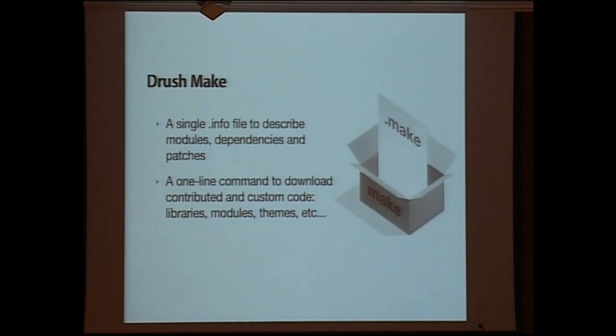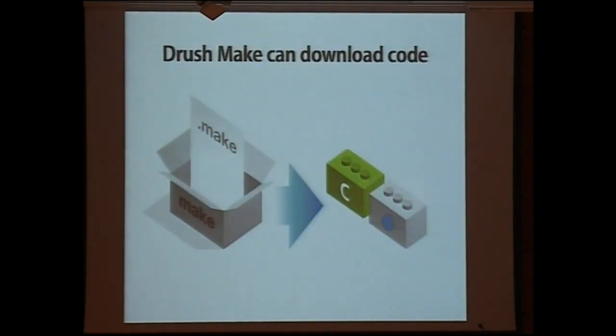This file is a single .info file and is executed with Drush Make that will download everything contained there. And as we will see, it will do a lot of additional tasks over it that will make your life even easier. So as a first approximation, Drush Make is a code downloader.